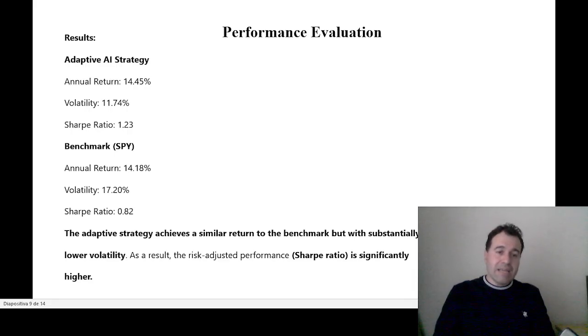Volatility 17.20%. Sharpe ratio 0.82. The adaptive strategy achieves a similar return to the benchmark, but with substantially lower volatility. As a result, the risk-adjusted performance, the Sharpe ratio, is significantly higher.